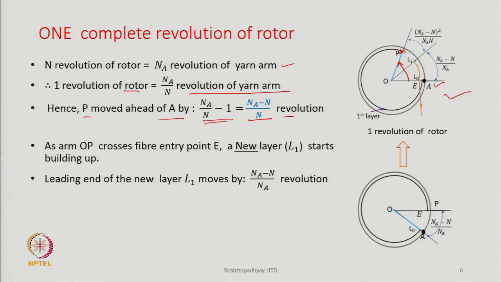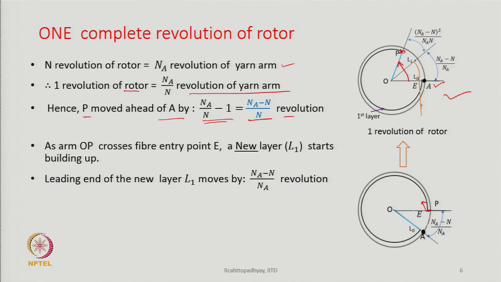As OP crosses the fiber entry point, the moment it crossed, like this is the previous diagram. So, from here we are going there, when P was here and then started moving, a new layer starts building up behind P, and that is the layer L1 now.